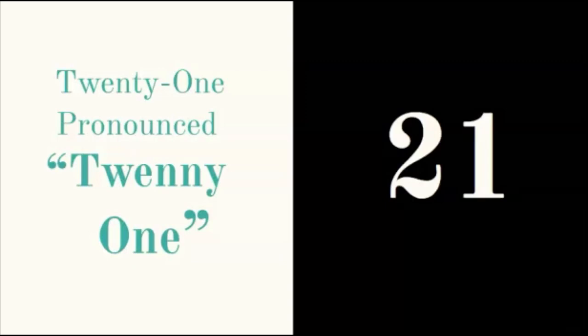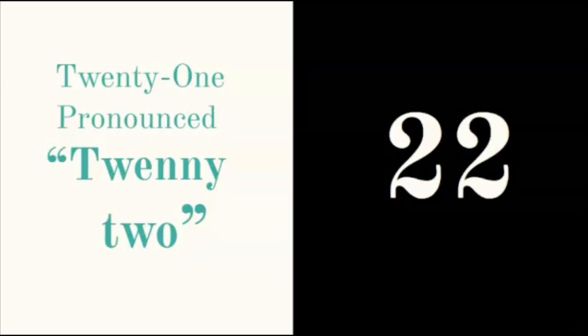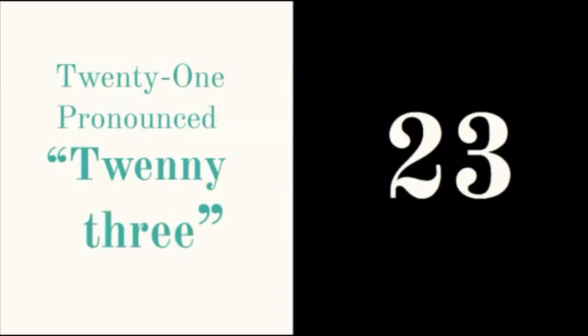American English speakers like to economize on language. It's more effort to say the T, so instead we use the N. All of the 20s will be pronounced with an N instead of a T. So 22, 23, and so on and so forth.